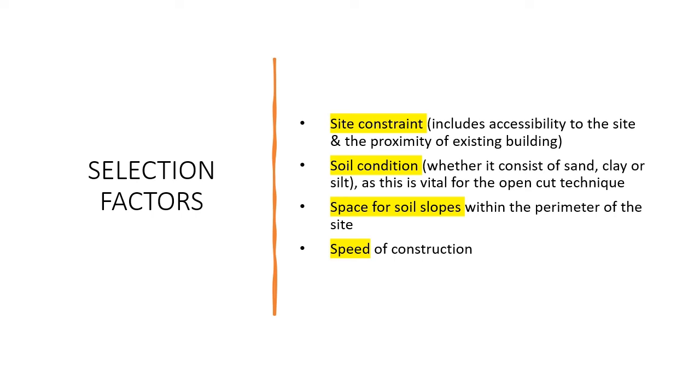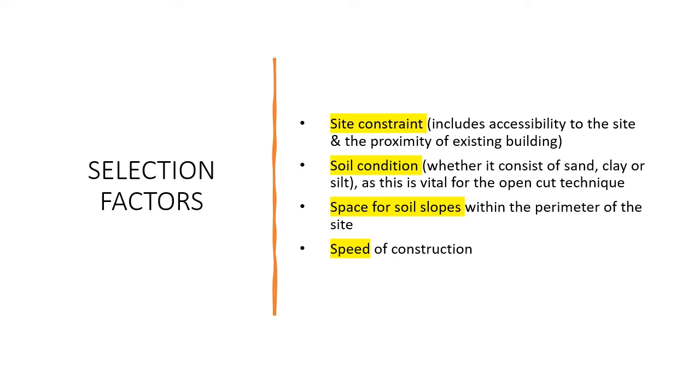And this is vital for the open cut techniques. For open cut techniques, dia akan perlukan slope. So slopes tu kita tak nak dia runtuh masa construction. Therefore, we cannot use this method kalau kita di kawasan yang bertanah macam muddy area ataupun sand yang senang runtuh.